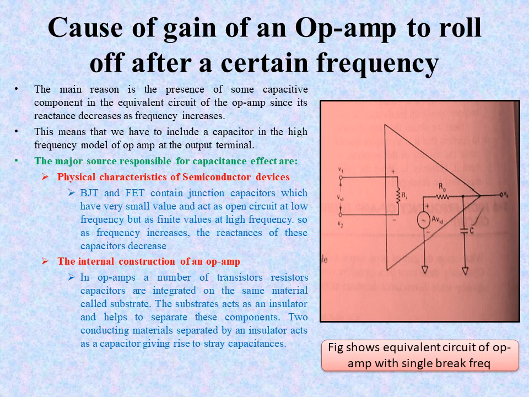So these are the major sources that interfere in the operational amplifier. Then the second reason is the internal construction. Now we know when an IC is designed, all the transistors, resistors, and capacitors are integrated on the same material, and that material is known as the substrate.